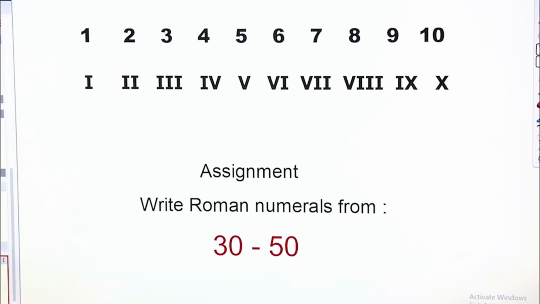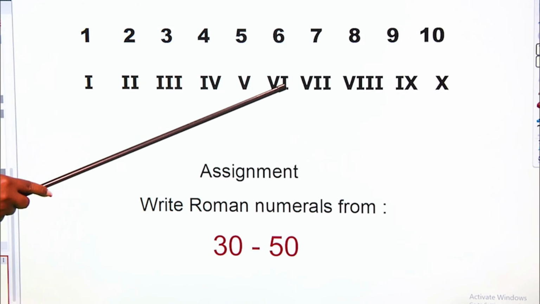The maximum is 3 times. So we have to change to the next main character, which is V. But then 4 is IV. So we have to subtract 1 from 5 so that it will be like this. IV, which is 4. And then 5, V.